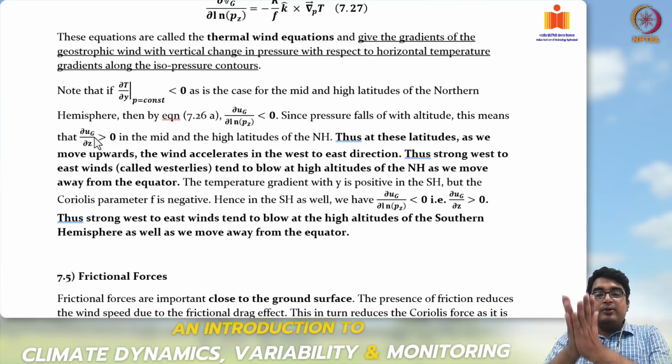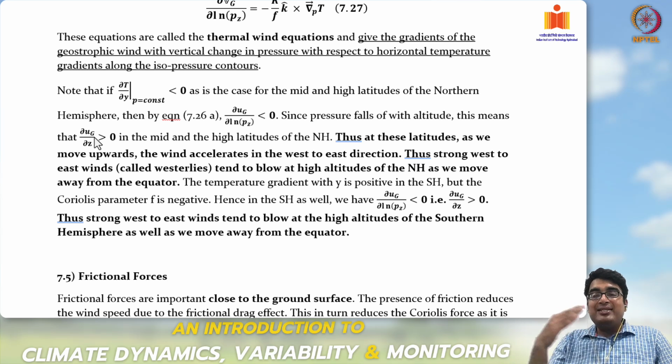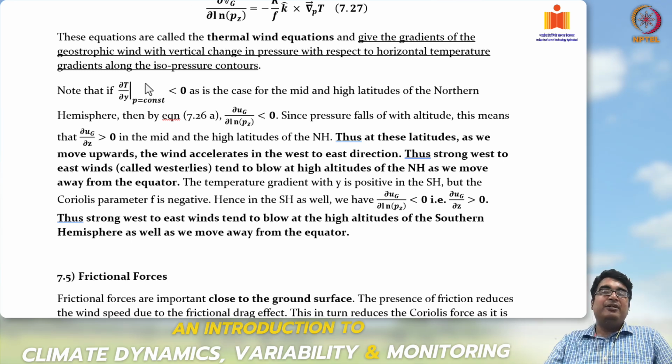That means as we rise up in altitude, you will have a large west to east moving acceleration of the high altitude winds because of the negative temperature gradient in the south to north direction.